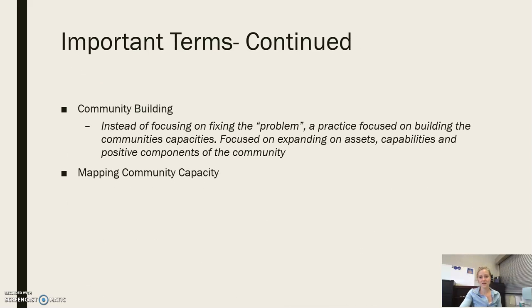All right, community building. This is a little bit of a different term compared to fixing the problem and just approaching the problem. When you think about community building, there really is a focus on what this community does well. What are their assets and how can we build upon them?